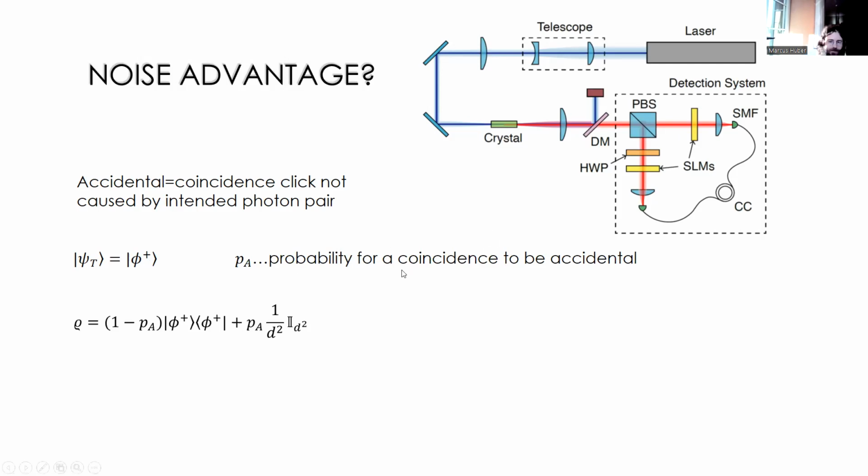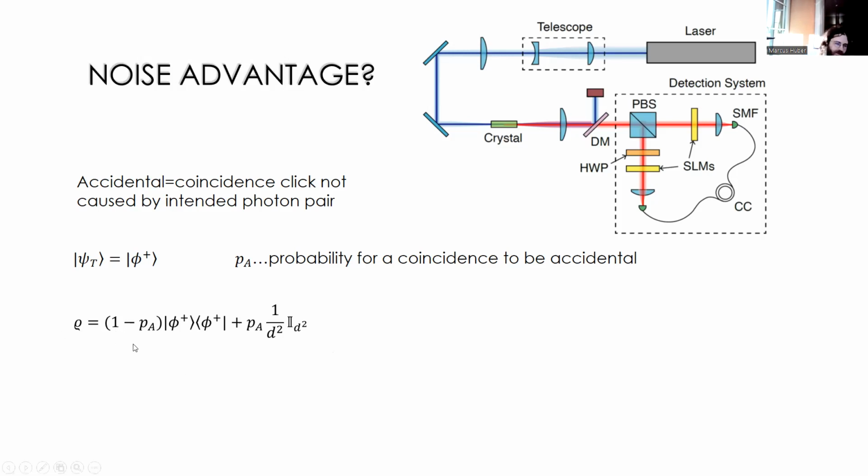And there's a probability, though, that these coincidences actually come from so-called accidentals. It could be a dark count in the detector spontaneously happening while the other photon arrives, two dark counts, maybe some environmental light that shines upon the detectors, whatever it is. And let's say, for the sake of argument, that this noise is white, i.e. equally distributed, so the noise is the same for each outcome setting.